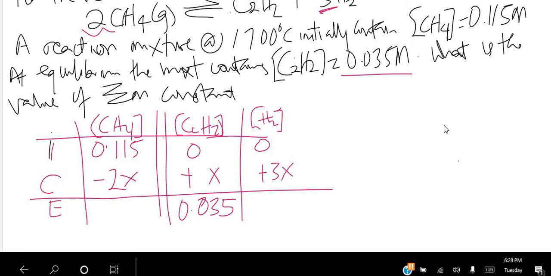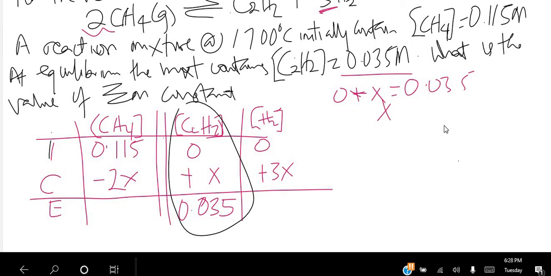So, as usual, we can find our x using this expression here, right? So that becomes 0 plus x equals 0.035. Our x is 0.035.